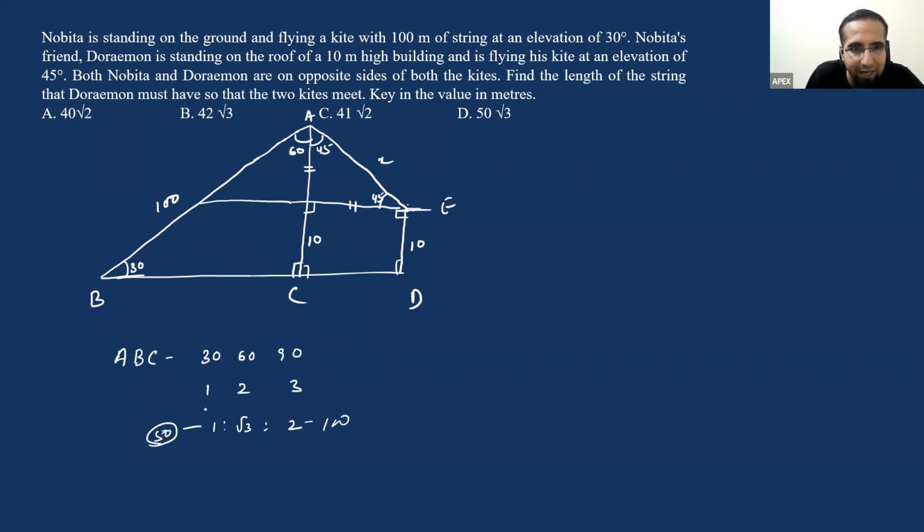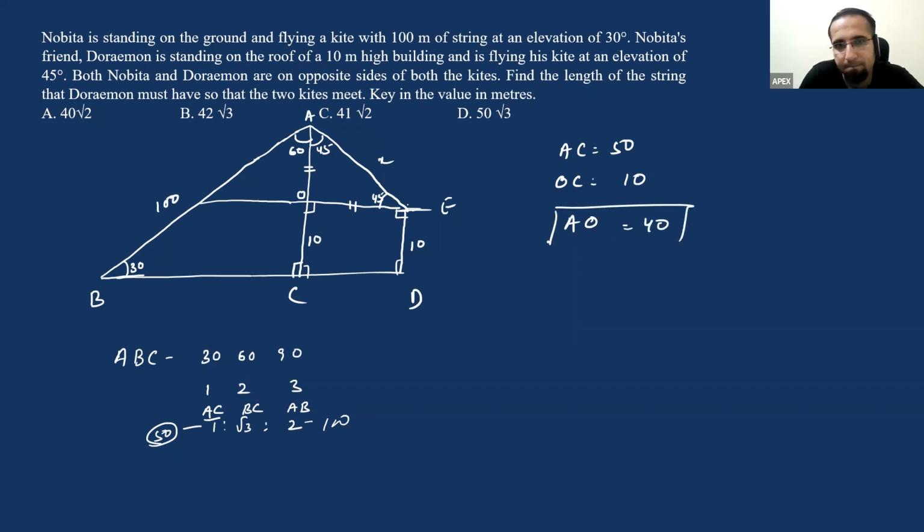One part will be the side AC. This will be AC, this will be BC, and this will be AB. Okay. So AC is equal to 50. Let me write this as O. And I know that OC is equal to 10. If OC is equal to 10, can I say AO will be equal to 40?